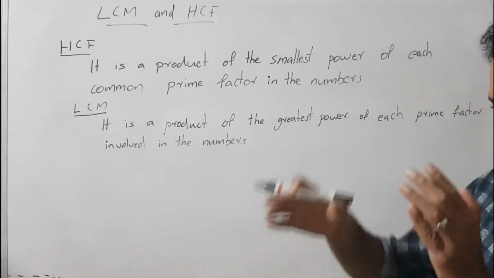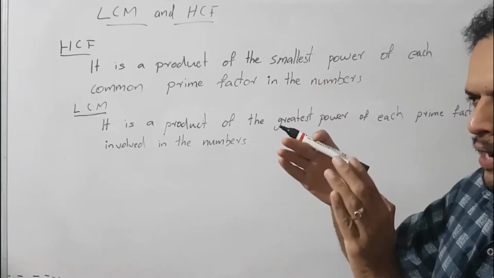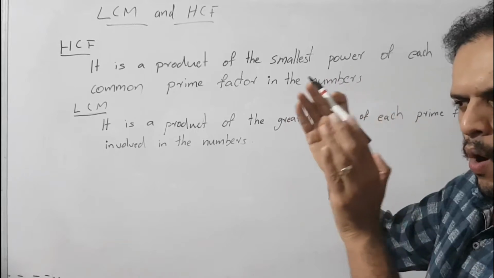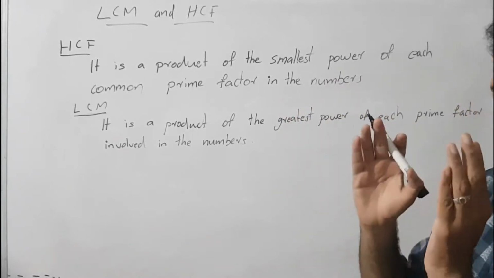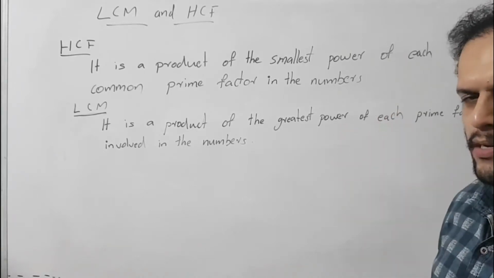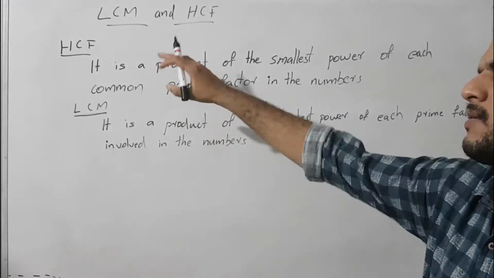In all the factorizations, we want to find which common factors occur in all the cases. So we take the least power of those common factors and multiply them, then we get the HCF.